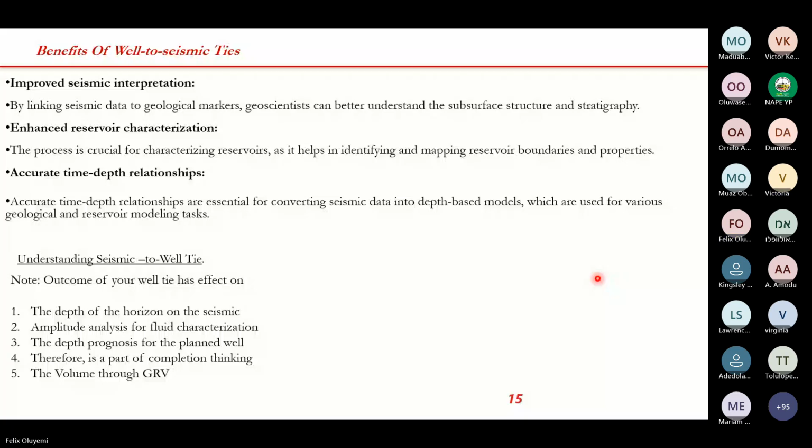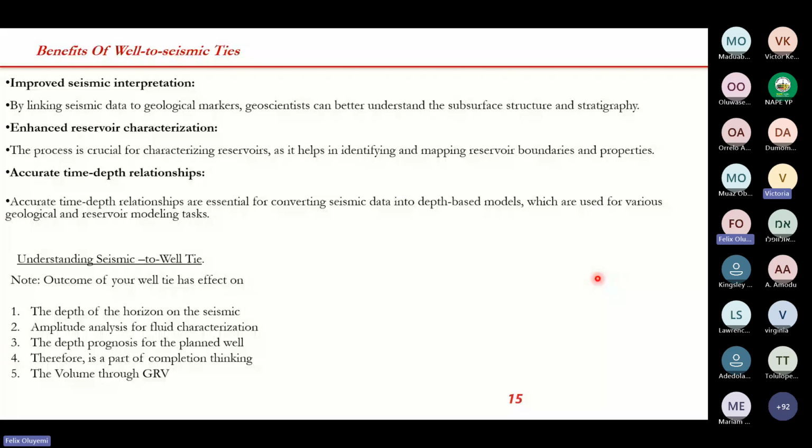Number 2, you are going to affect that person by the time that person does amplitude extraction. If you are supposed to map a horizon at time 2.2 and your tie pushes that horizon to time 2.5, the person will extract amplitude at 2.5 and you've misled that person. When it gets to well drilling, by the time they are prognosing the well to drill and the depth for completion, you will be misleading them.